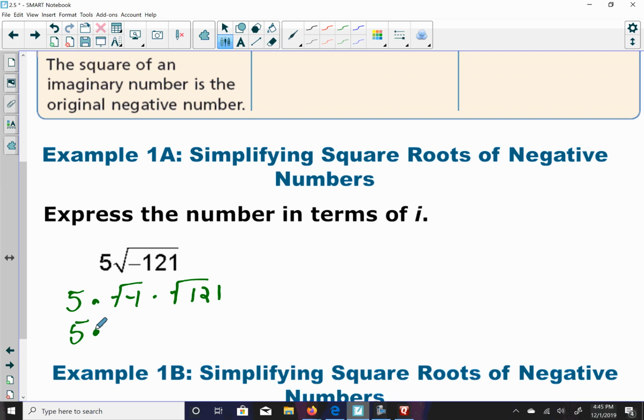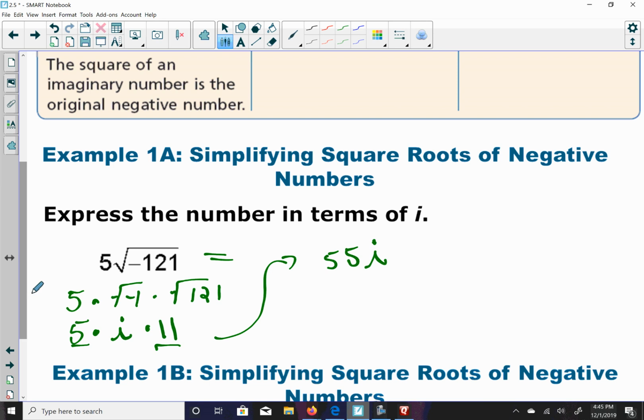The square root of -1, I'm defining as the letter i, my imaginary unit, and the square root of 121 is 11. When I multiply my constants, 5 times 11 gives 55 times i, which I write as 55i. So 5 times the square root of -121 is equal to 55i.